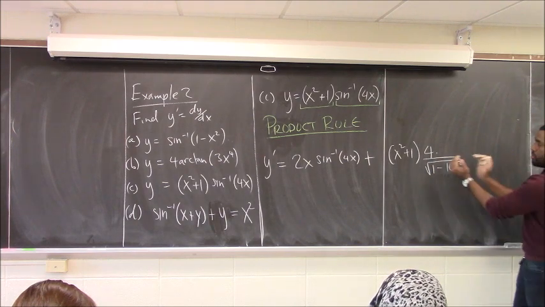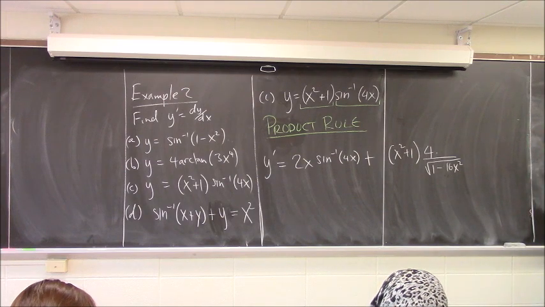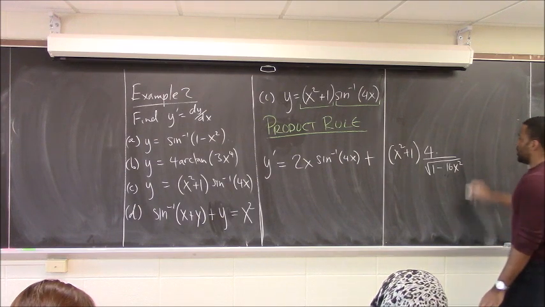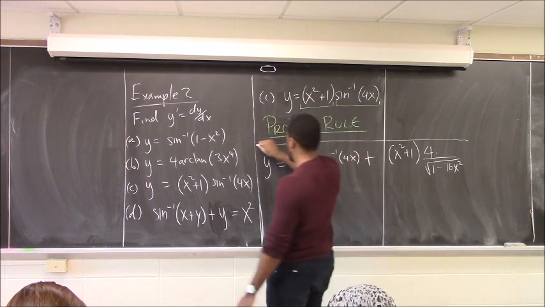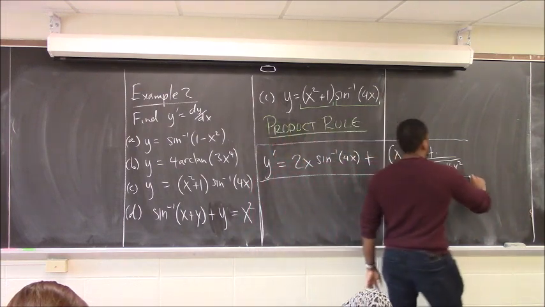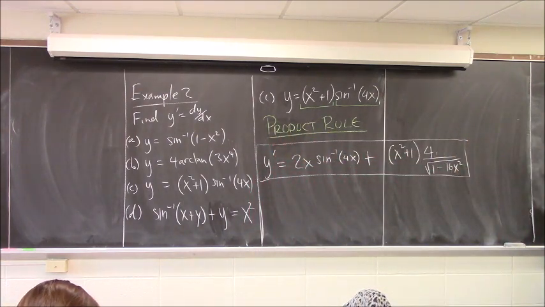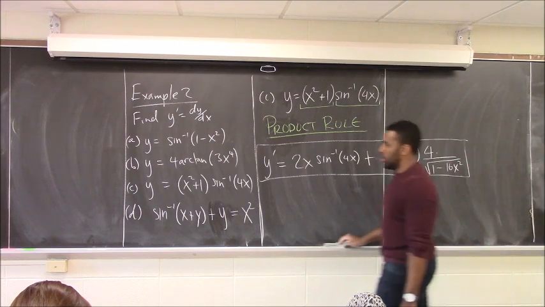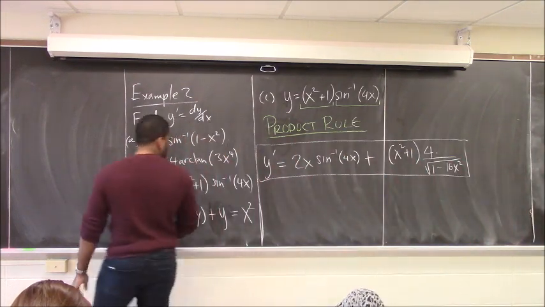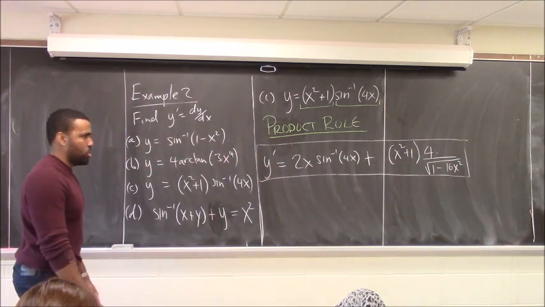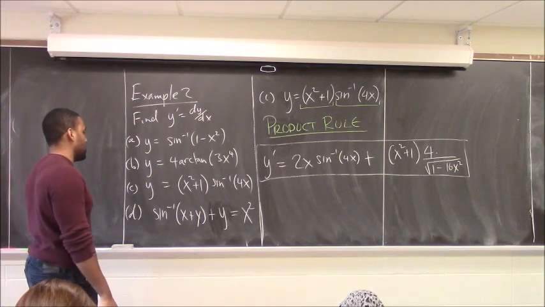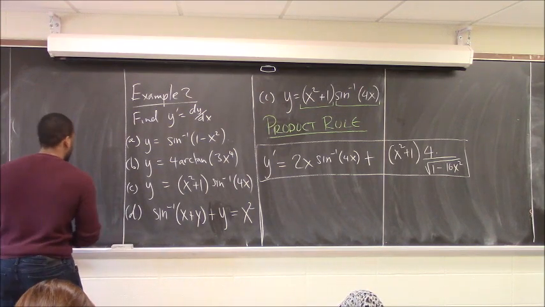Alright, and that's because you take the 4x all squared. I mean, you could probably simplify that a little bit, but I don't think it'll be worth the hassle at this point. Let's talk about the last one.